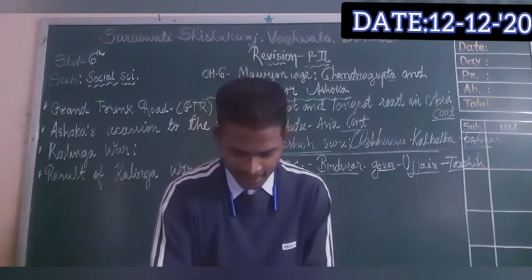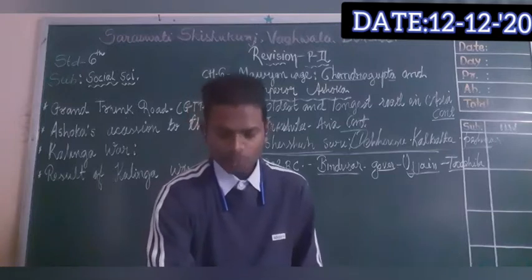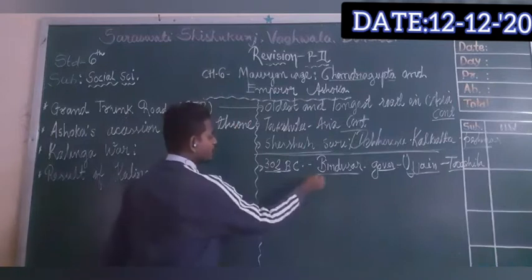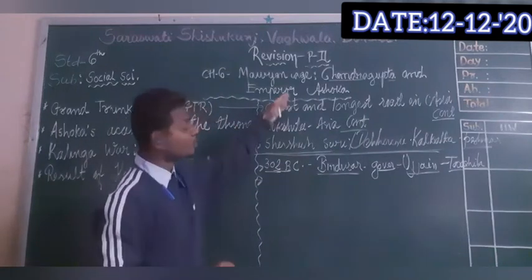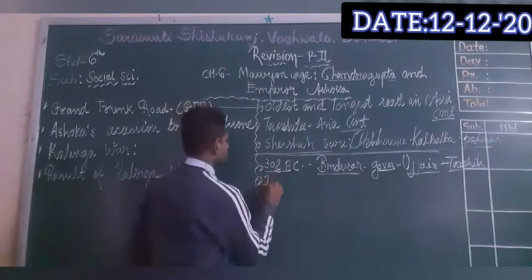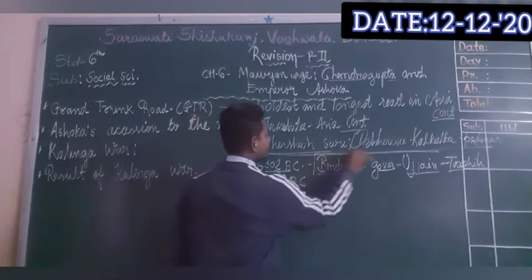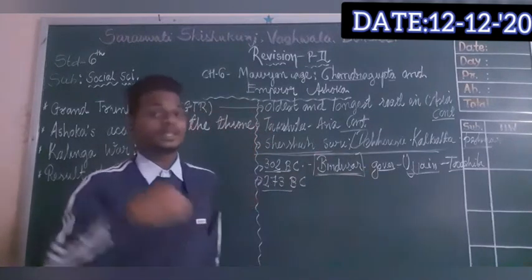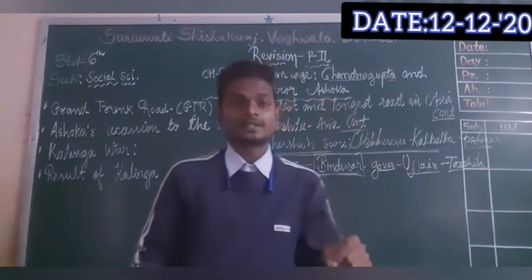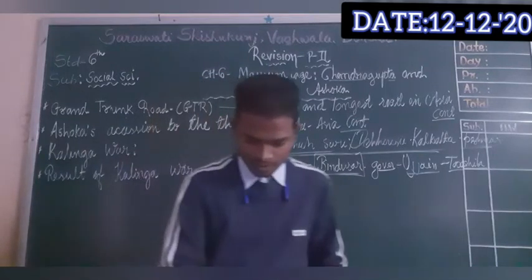That's why he succeeded to the throne after his father's death. After the death of Bindusara, he ascended to the throne of the Mauryan dynasty in 273 BC. Just remind yourself, these are the important keywords that I am going to write down on the whiteboard.